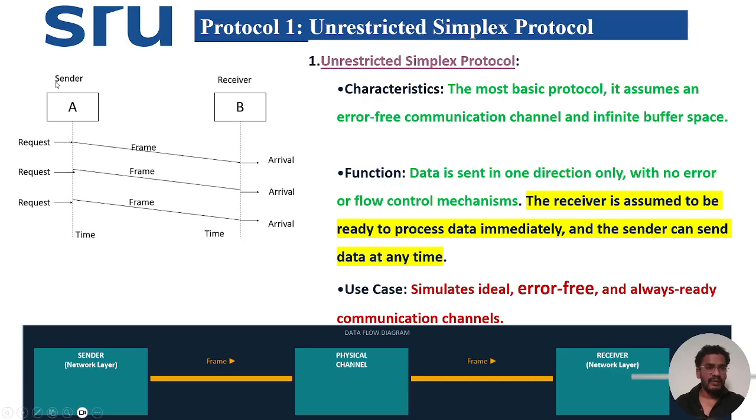So here, for example, the sender is called A, and the receiver side is called B. From the sender side, based on the request of the receiver side, the frames should be shared from sender to receiver without any acknowledgement. It continuously shares the frames one by one.